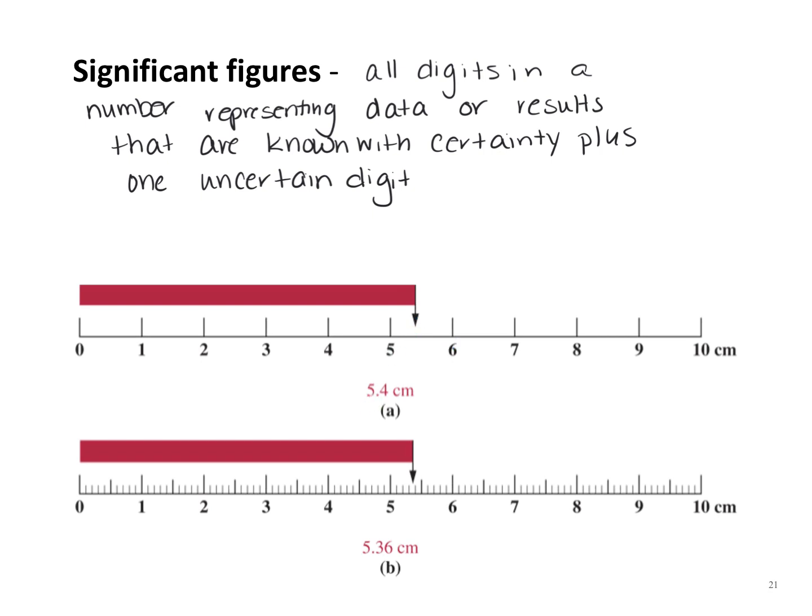But maybe you're looking at that and you're like, Dr. Pierce, that doesn't look like 5.4 to me, that looks like 5.5 centimeters. Or maybe that looks like 5.3 centimeters. All of these would be correct because we are estimating, and that is our uncertain digit.